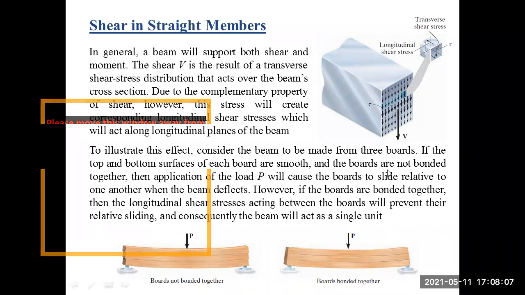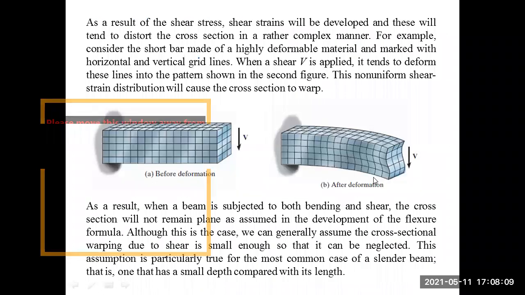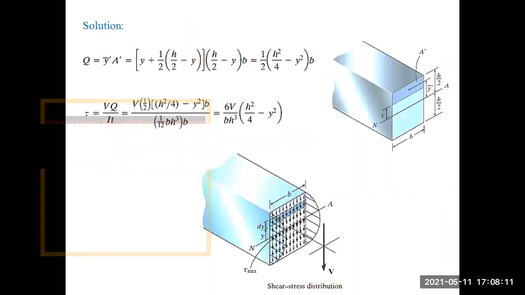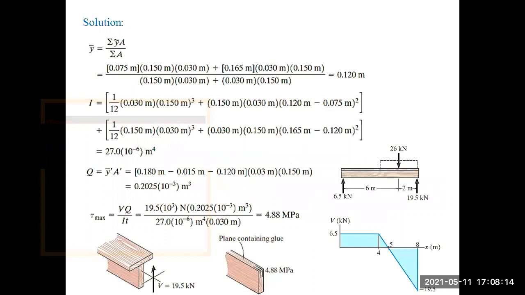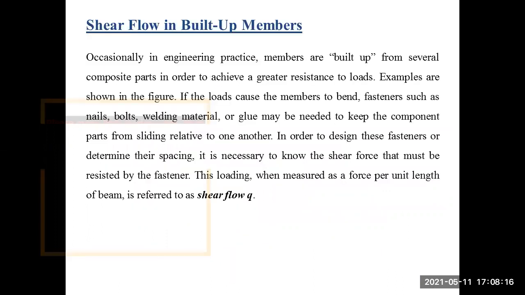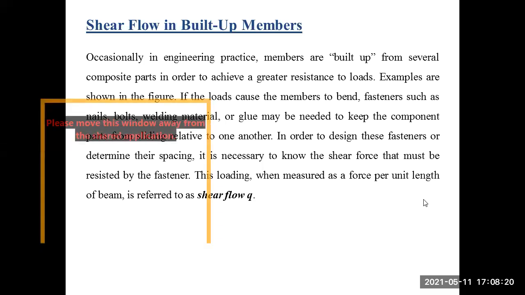That is why it's important for us to be able to evaluate shear flow, so that we could design screws or rivets or fasteners to connect these layers of planks or wood, or whatever the material is made of, so that they don't slide relative to each other when you apply a force.